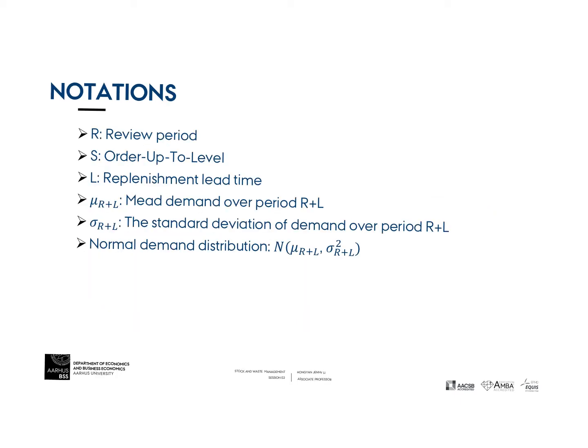Now we try to formulate this problem and find a solution. First, we ignore the costs. However, if you're interested in the cost performance for this system, I suggest looking at page 281 in the textbook.